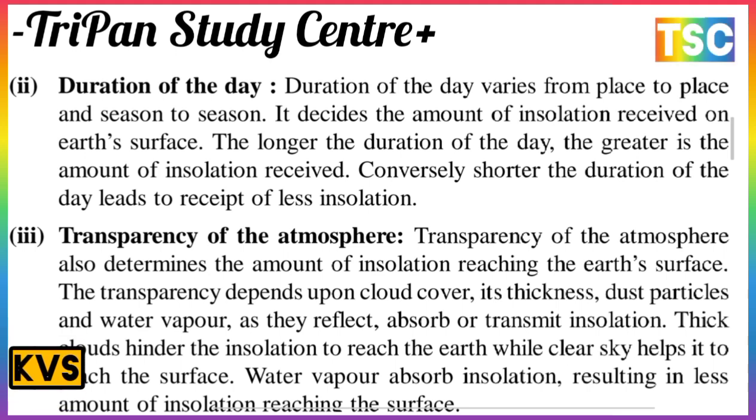The third point here is the transparency of the atmosphere. Transparency of the atmosphere is an important point. The transparency of the atmosphere also determines the amount of insolation reaching the earth's surface.